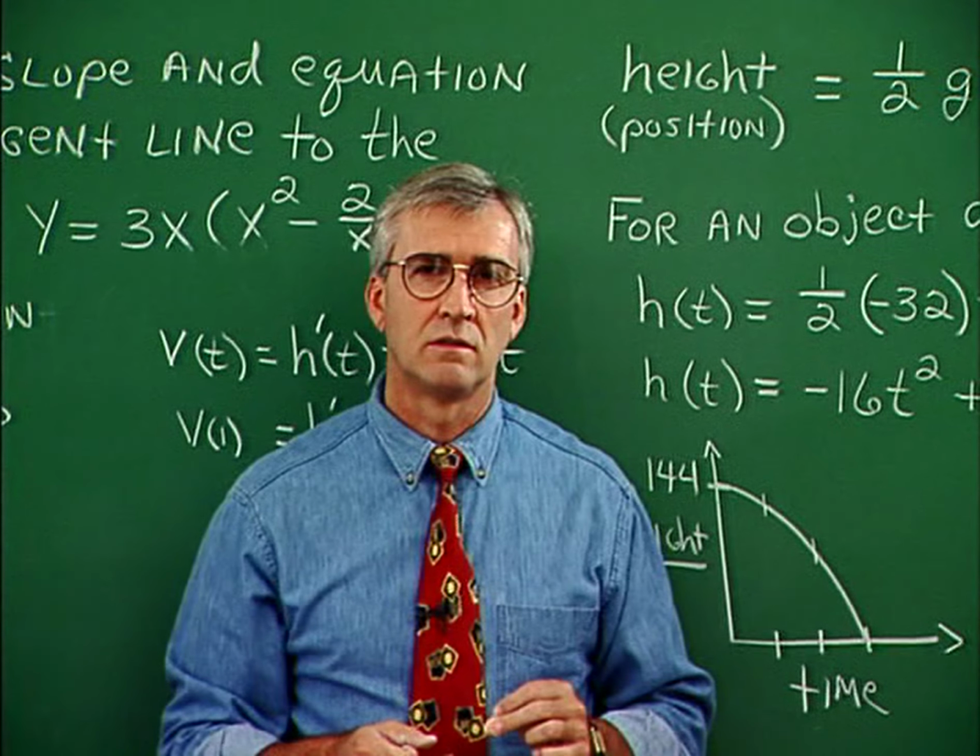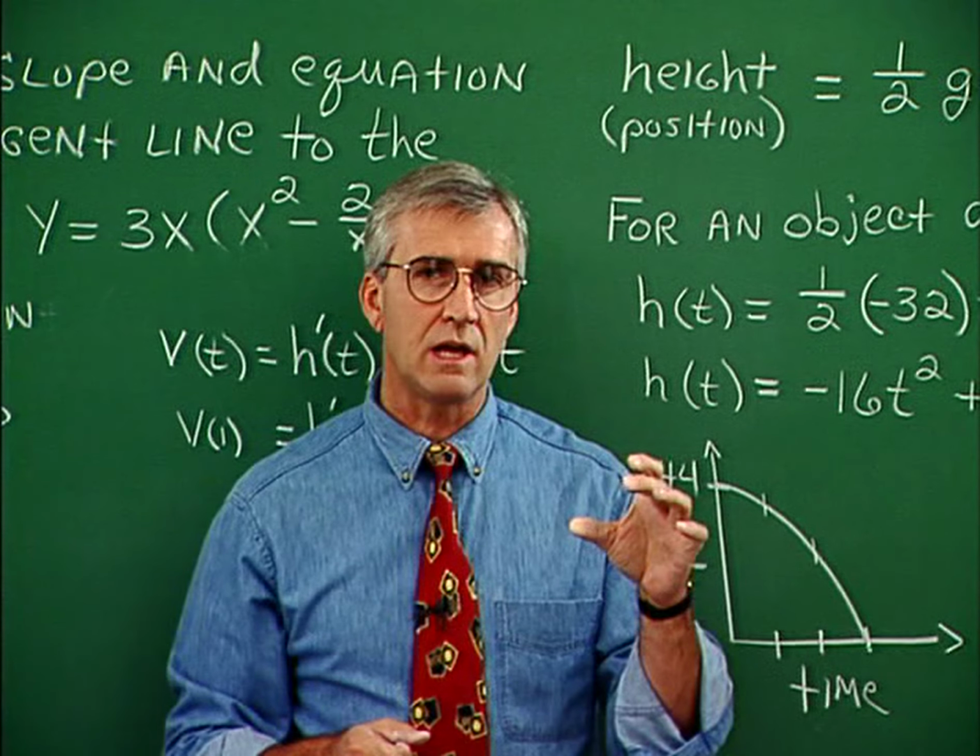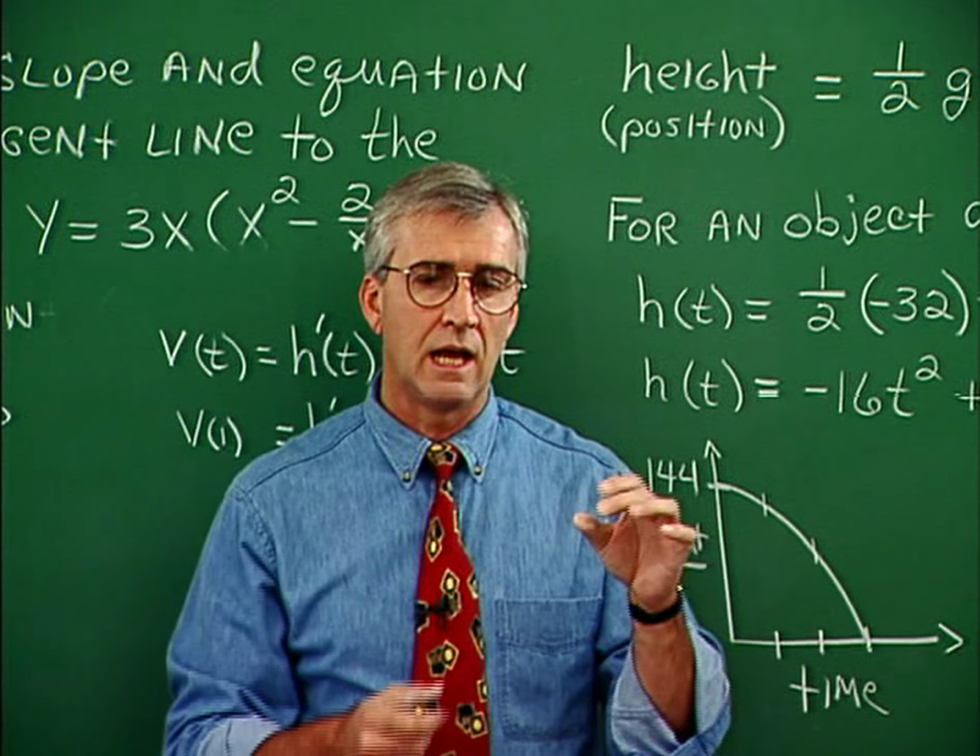That makes sense. After 1 second, we drop the object, and after 1 second, it's going 32 feet per second downward. That fits with what we talked about as the acceleration due to gravity. We said the acceleration due to gravity is negative 32 feet per second per second. That must mean that after 2 seconds, it's going to be going twice as fast.